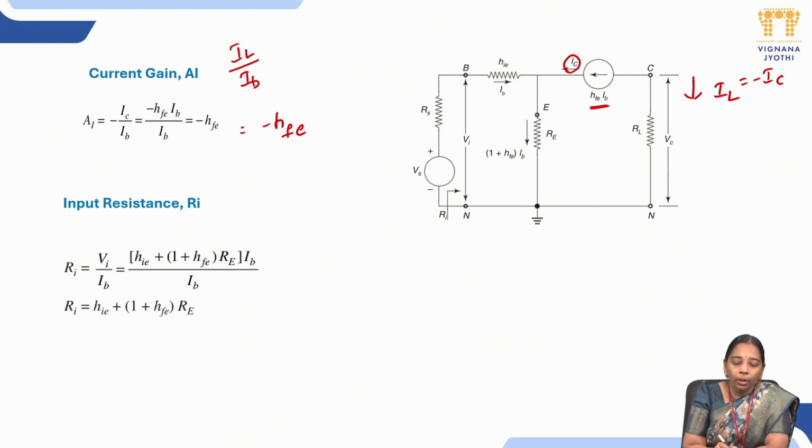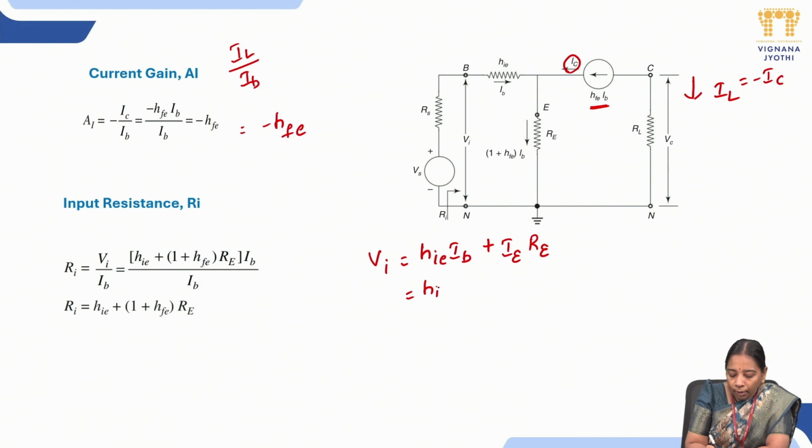Next, coming to input impedance. The input impedance is the ratio of input voltage to input current. So what is the input voltage here? This is VI. If we apply KVL over here, we get HIE into IB plus the current flowing through the emitter, which we can write as IE into RE.